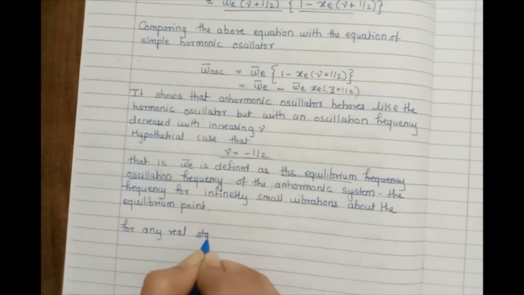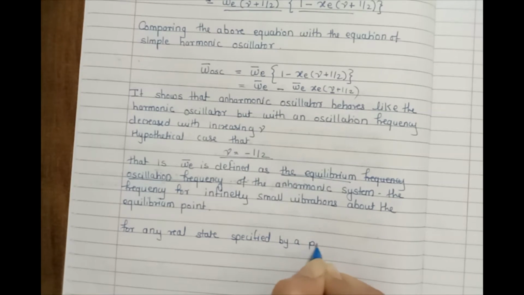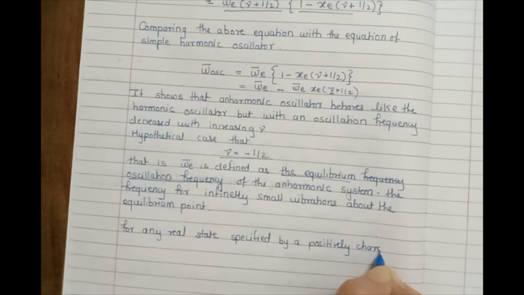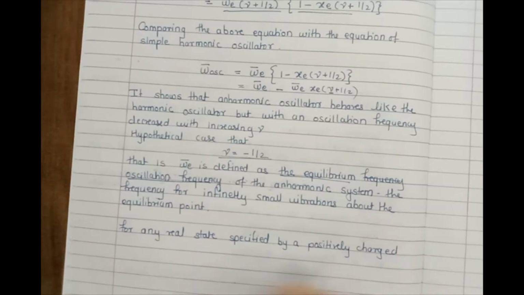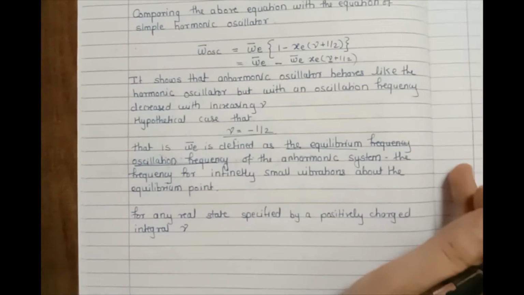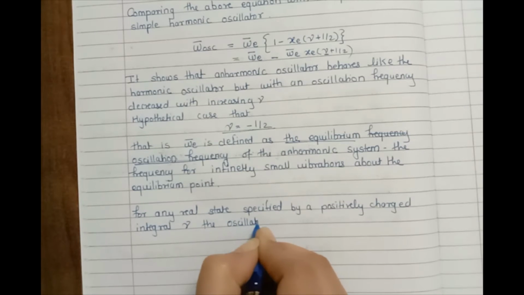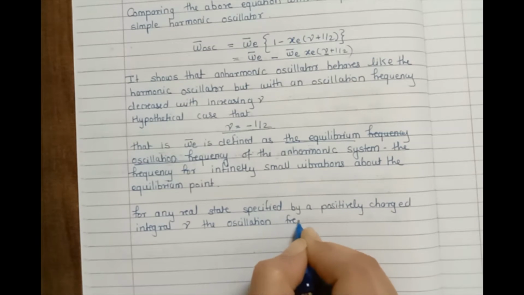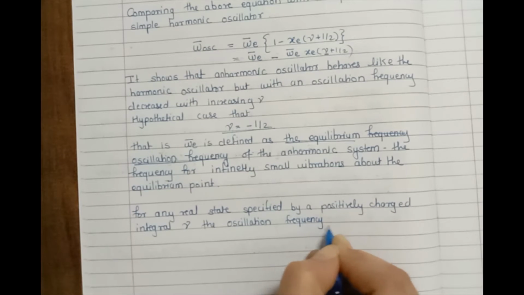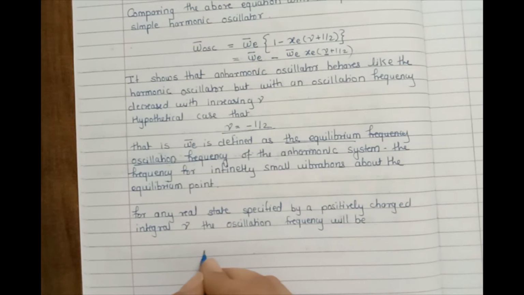So now the oscillation frequency for any real state specified by a positive integral nu will be as follows.